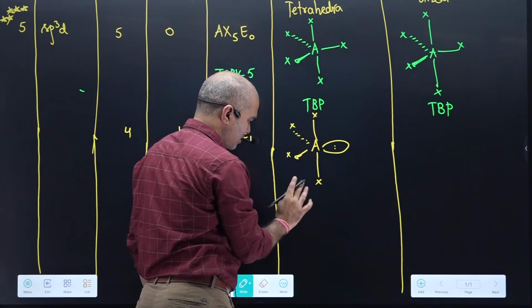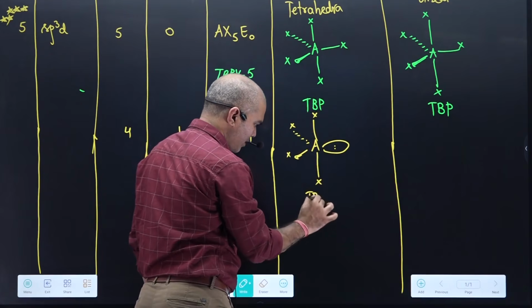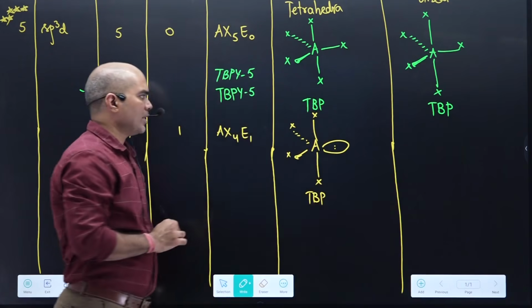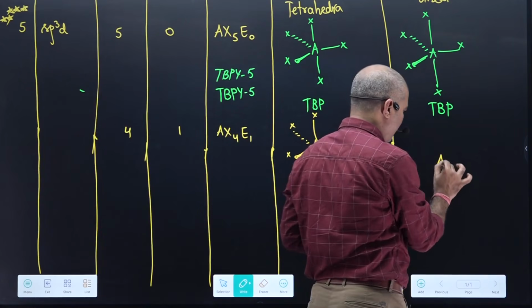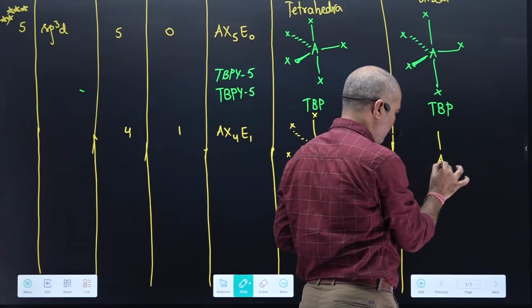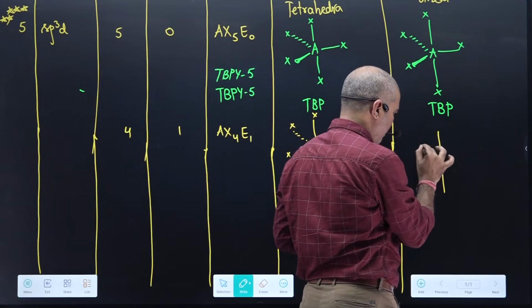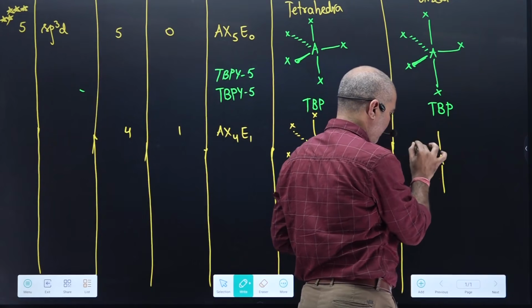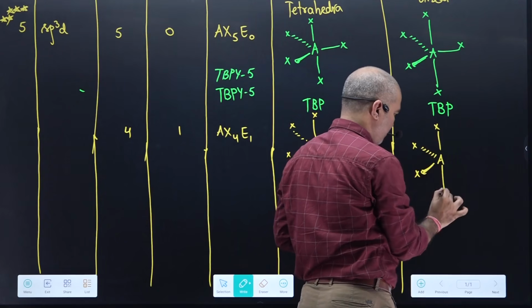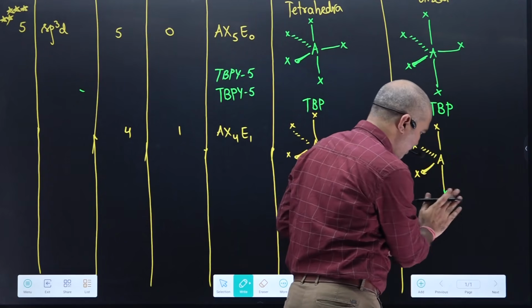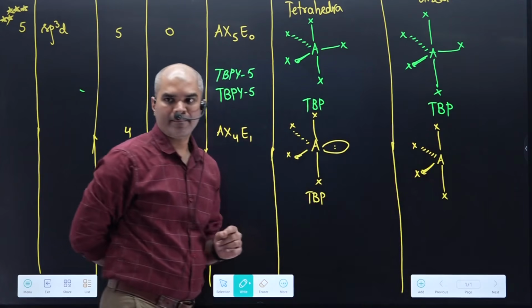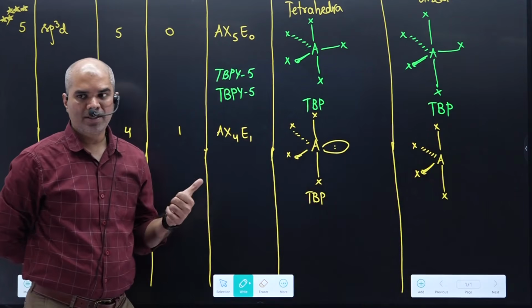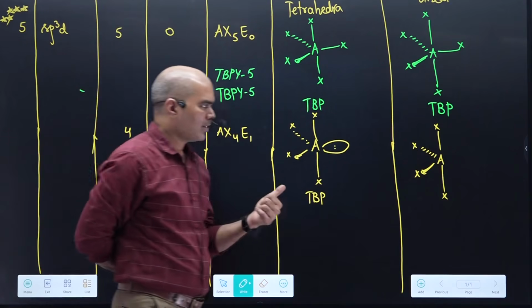The geometry is still TBP because there is a lone pair. But when you draw the molecular shape or the molecular geometry, don't draw the lone pair. What is the shape? Seesaw. This is called as seesaw. Many times asked question.